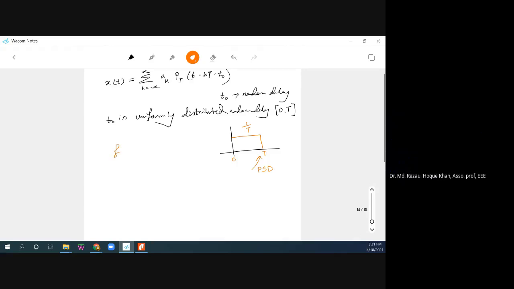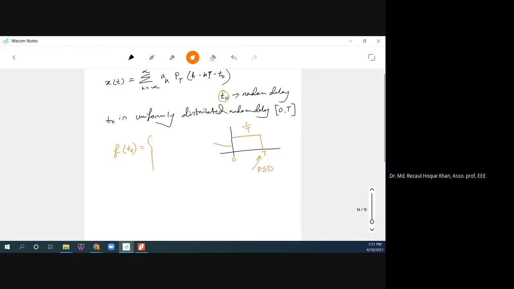So f of t0, this t0. How does f of t0 look? It has this distribution.